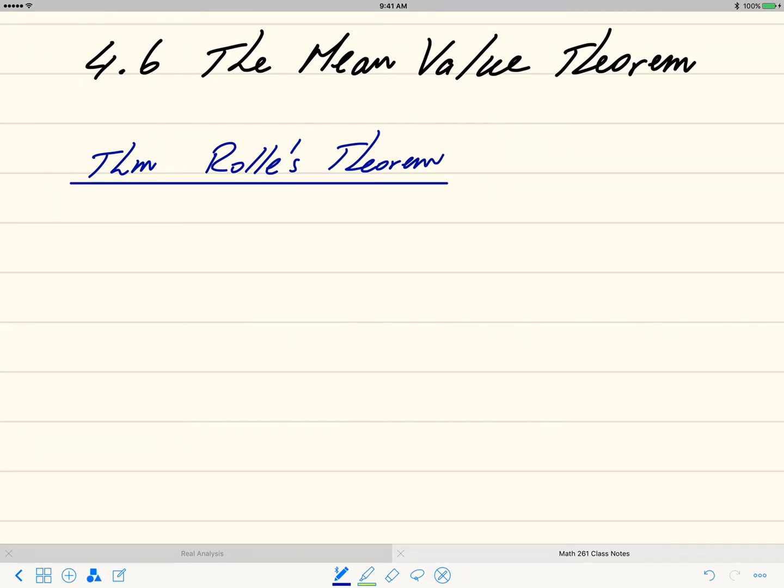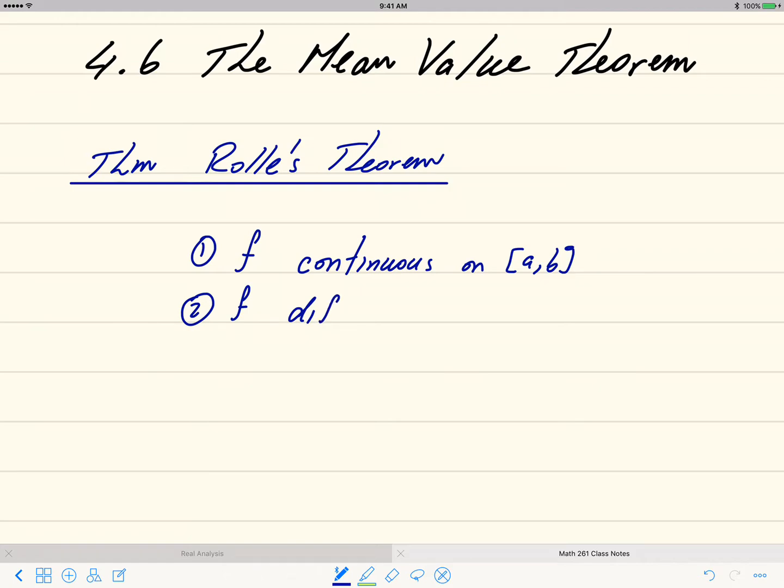So Rolle's theorem is about a function that has to have three properties. One, the function f has to be continuous on the closed interval [a, b]. Two, the function has to be differentiable on the open interval (a, b).